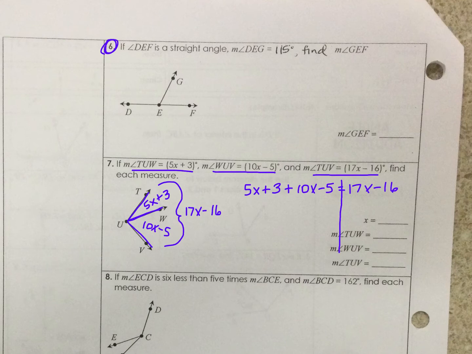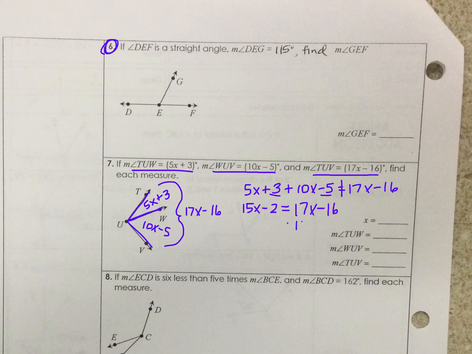First, we're going to do old school baby math on the left. 5x and 10x is 15x. 3 minus 5 is negative 2. I'm actually going to bring my equal sign over here so I'm not writing on those letters. Equals 17x minus 16. Now it's time to get the x's on the move.